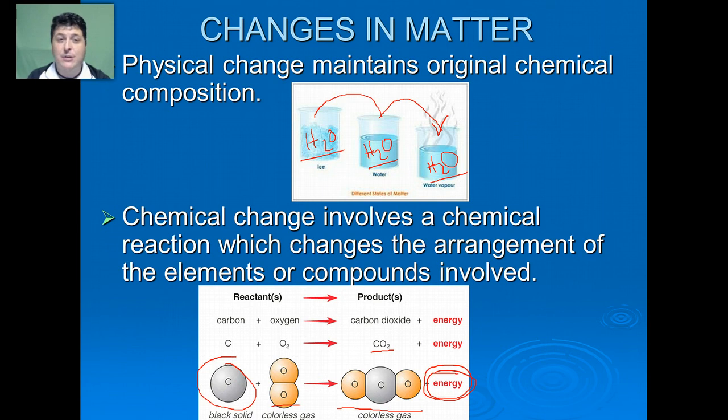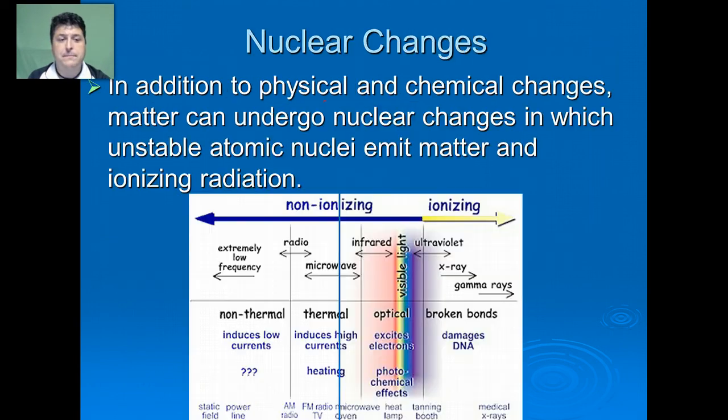But, as we said earlier, matter can't be created or destroyed, and so we see this conservation of matter in this chemical reaction. And many times, chemical reactions are represented as a chemical formula, which you should be familiar with from chemistry.